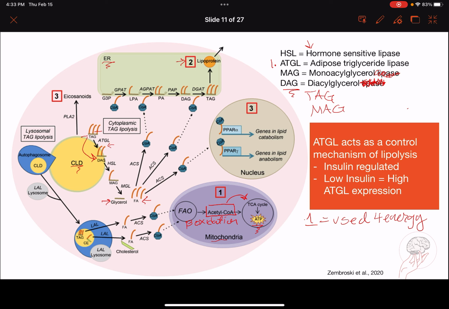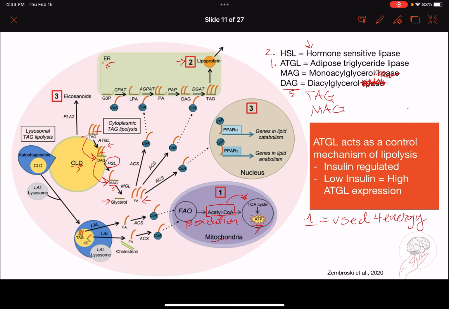Next, we have hormone-sensitive lipase. Hormone-sensitive lipase, right here, is again going to clip off 1 fatty acid, and we're going to get a monoacylglycerol.